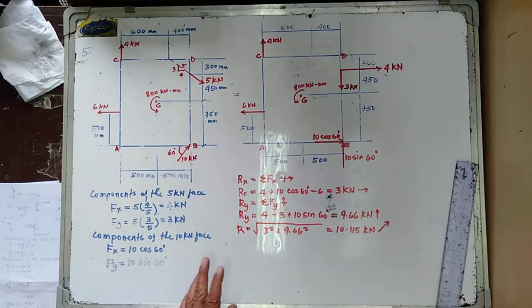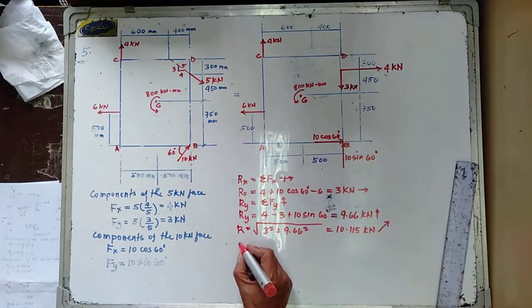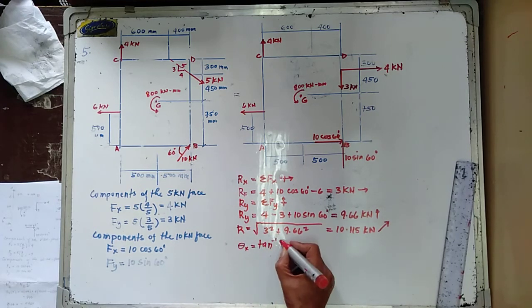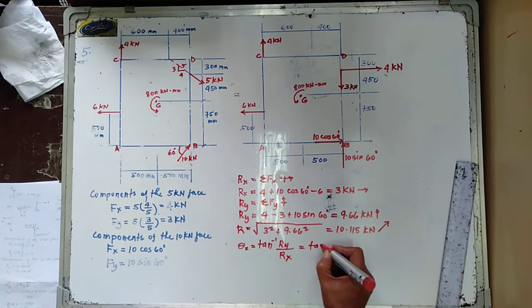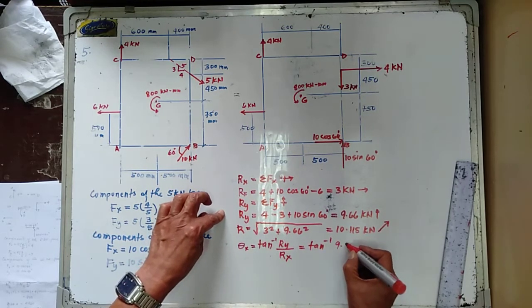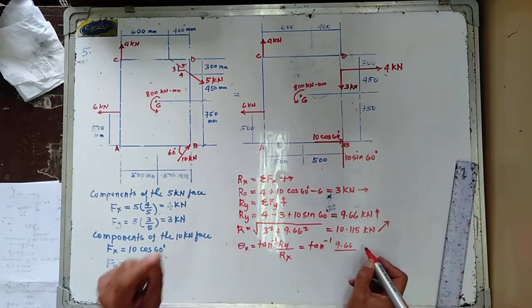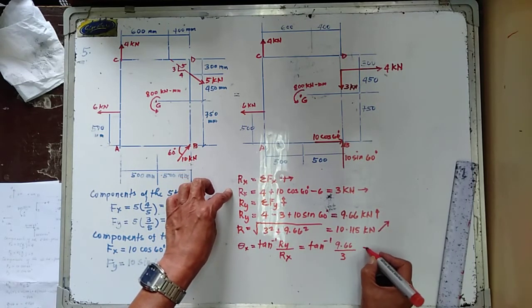So the angle that the resultant makes with the horizontal, theta, is equal to the arctangent of Ry over Rx, which is the arctangent of 9.66 kilonewtons over 3 kilonewtons.